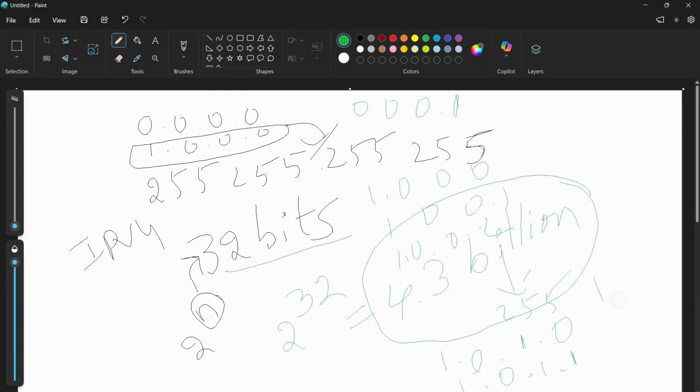Till 1.0.255 it will go, and then it will come to 2.0. So like that it will go. That's why you get 4.3 billion IP addresses, guys, which are available in IPv4.